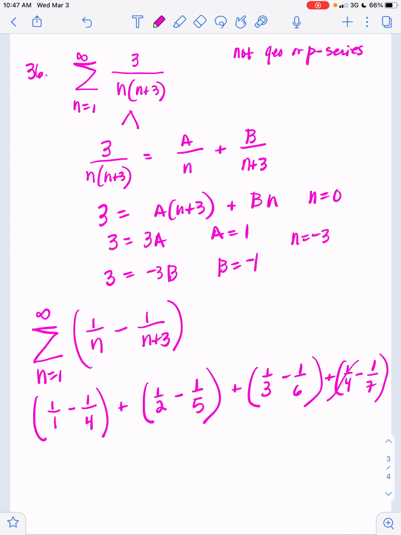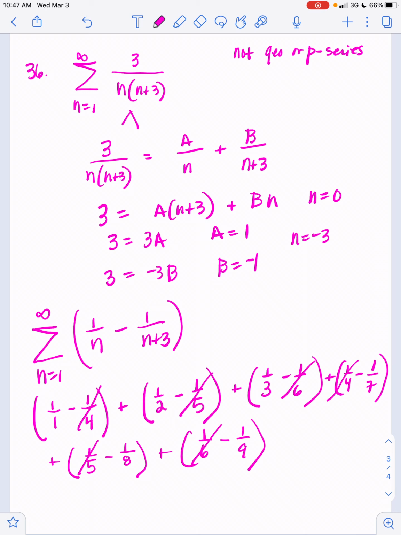The negative 1/4 and the positive 1/4. And then what would be the next term? Plus 1 over 5 minus 1 over 8. Okay, now the fifths cancel. Plus 1 over 6 minus 1 over 9. Okay, the 1/6 canceled. So now I can see, okay, the 1/7 is going to cancel with this.